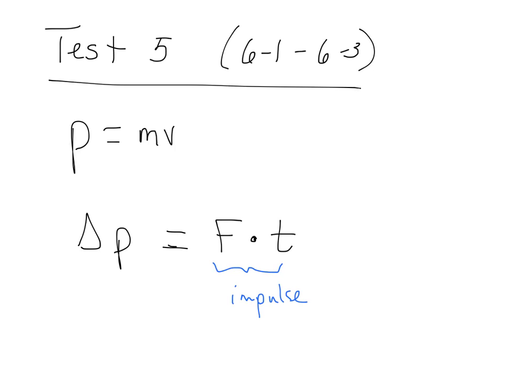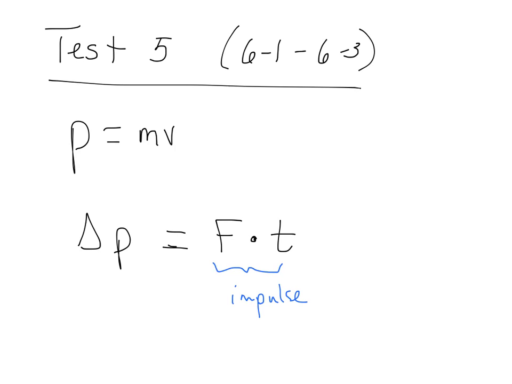An example in words: an object is traveling at 5 meters per second and its mass is 8 kilograms. It collides with a railing and bounces off with a velocity of -2 meters per second, and the time of contact is 0.5 seconds. Determine the force the railing pushes back with.